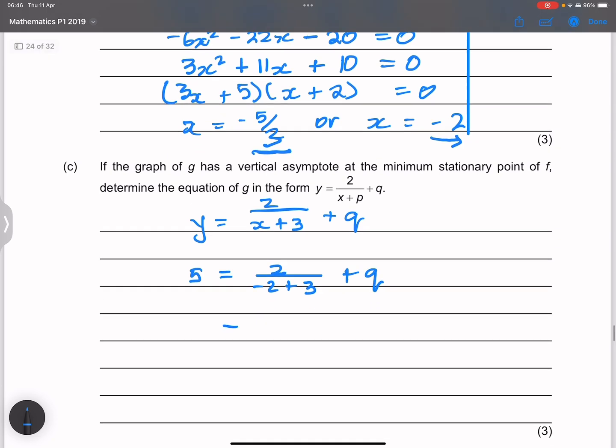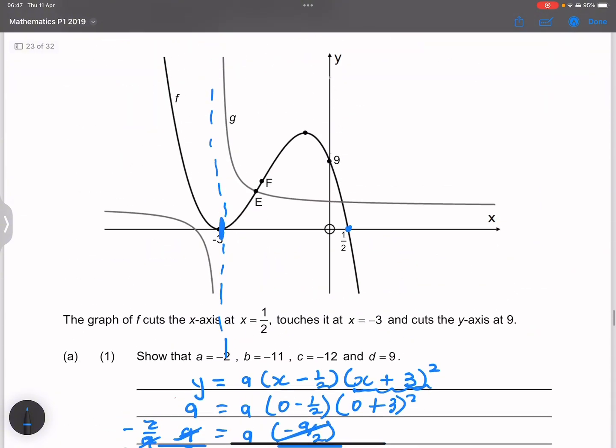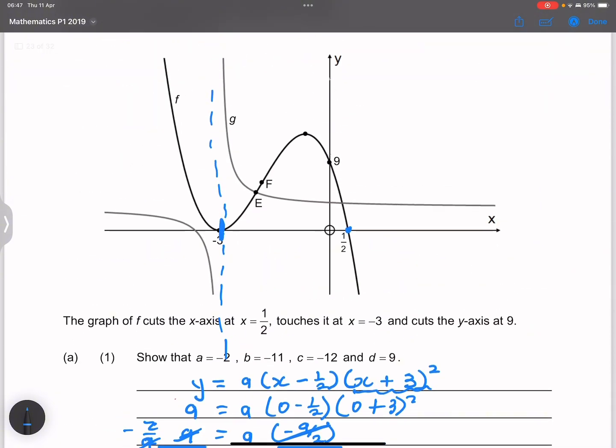So what does that give us? That gives me 2 divided by negative 2 plus 3, which gives me 1. So 2 divided by 1, so that would be 2 plus q is equal to 5. So q would be equal to 5 minus 2, which gives me 3. So it seems like the horizontal asymptote is at 3 as well.